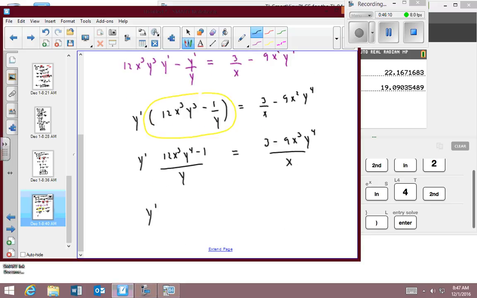So y prime, and I'm going to invert and multiply. This is y over 12x cubed y to the fourth minus 1 times 3 minus 9x cubed y to the fourth over x.